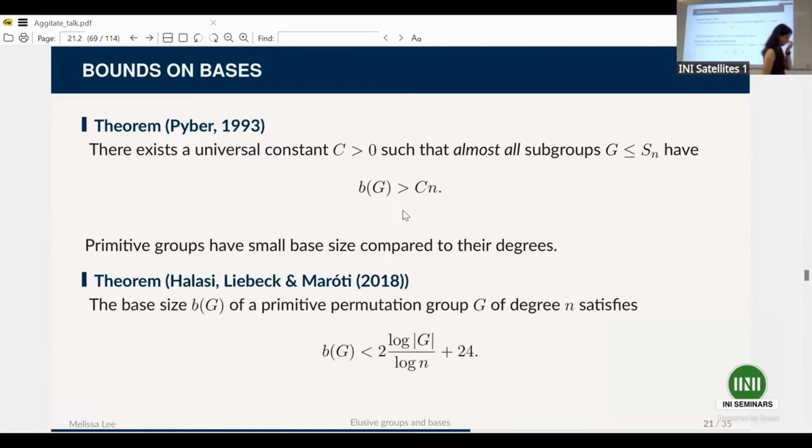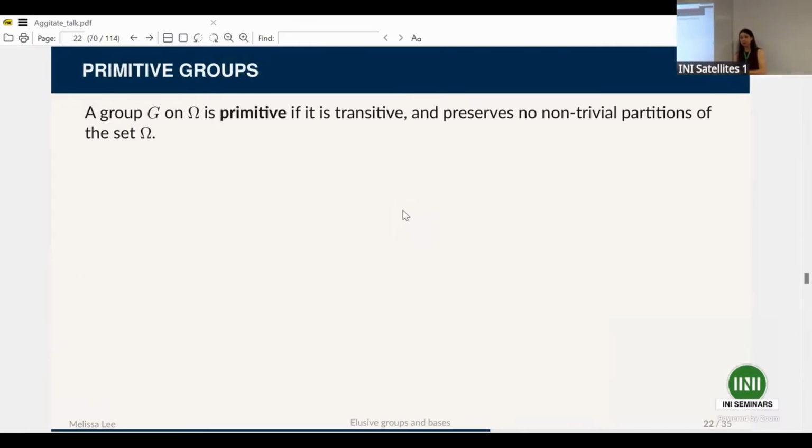So Halasi, Liebeck, and Maróti in 2018, following up on work of Duyan, Halasi, and Maróti, showed that actually if you have a primitive group of degree n, then the base size can be bounded by 2 times the ratio of these logs plus 24. Okay, so this is much better than this lower bound, which is linear. Okay, that's pretty good.